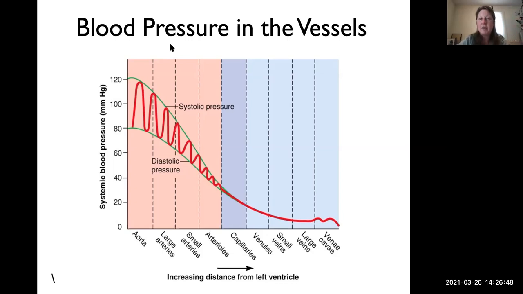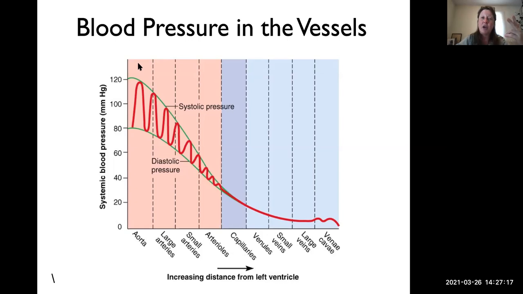We talked about this concept before in the heart chapter, when we talked about the concept of afterload. Recall that there are three factors that influence stroke volume, or how much blood the heart can pump out in any one contraction. Those were preload, contractility, and afterload.